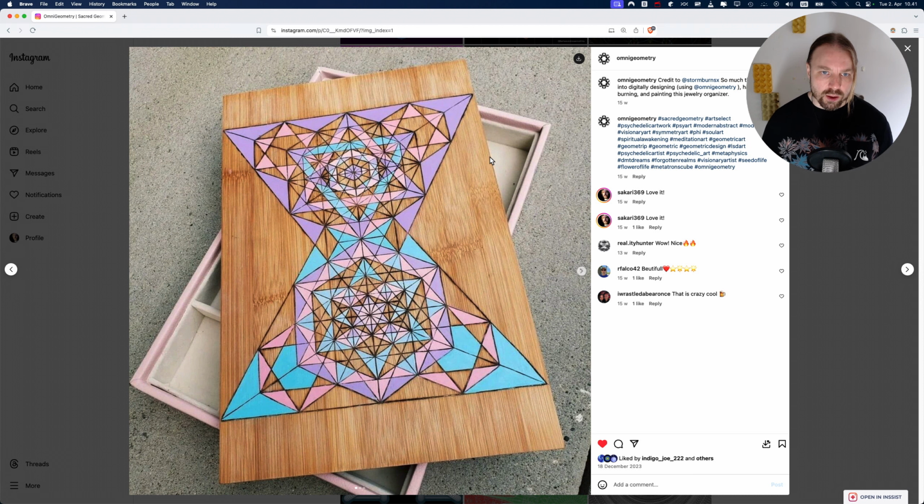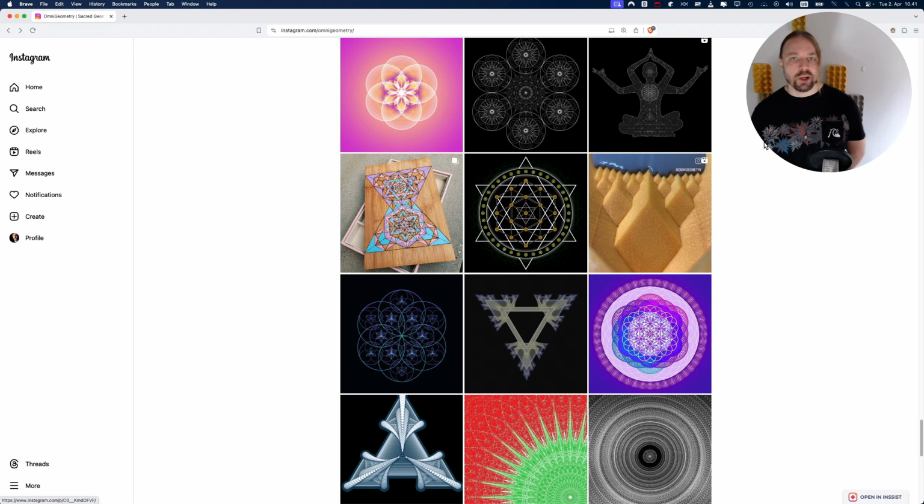This brings me calmness, and this could be something you could put in a hospital or a dentist appointment. I could put this on the wall or on the ceiling of the dentist and just stare at this and be calmed by the pattern. Yeah, amazing work.